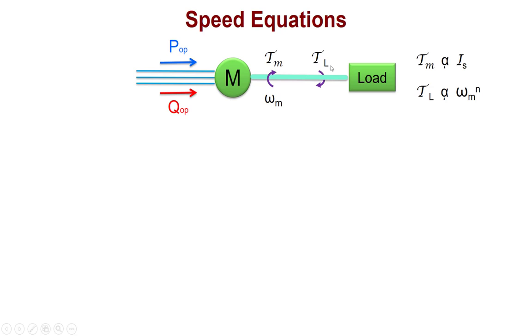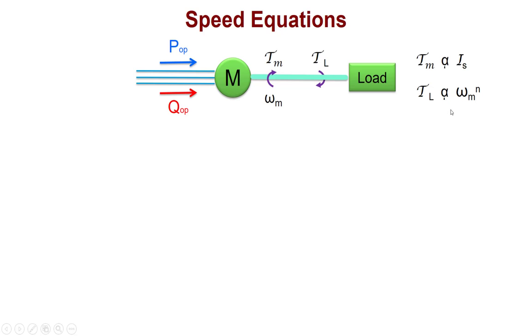It's connected to a load, where T sub L is the load torque. T sub m is proportional to I sub s, and T sub L, the load torque, is proportional to some polynomial of speed. Maybe it's just first order, or second order.